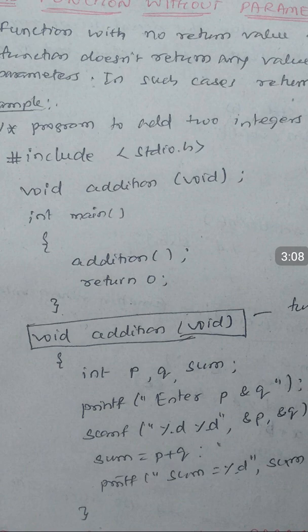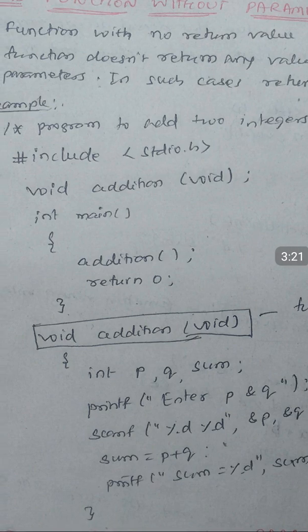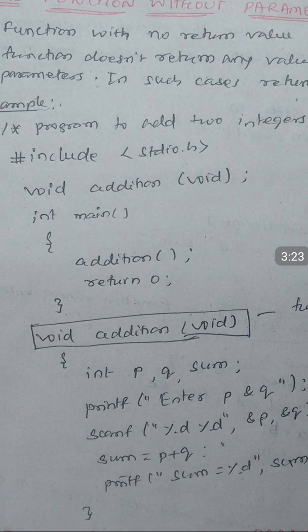In the main function, we call the function addition with blank parentheses. The blank indicates that the addition function is not using any kind of arguments. Whenever it jumps to that function, in that function we have declared the local variables p, q and sum. p, q and sum are integers.